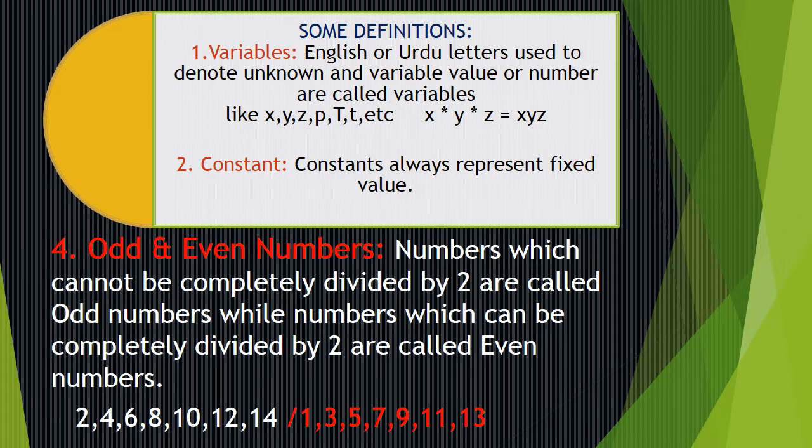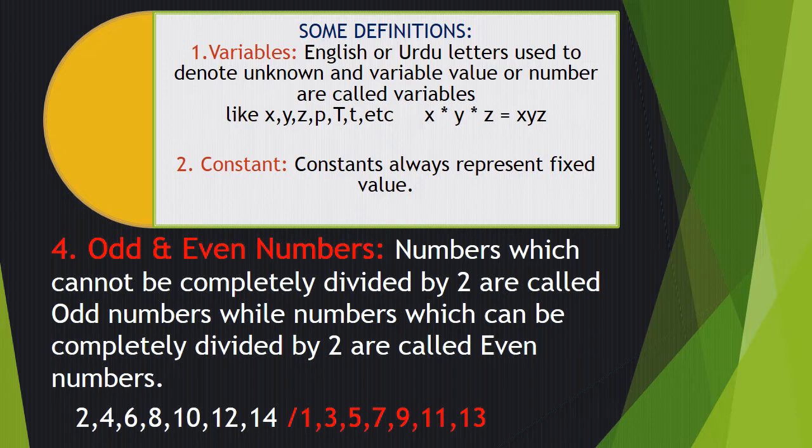Now I'm going to tell you about the odd and even numbers. Odd numbers are those numbers which cannot be completely divided by 2, while even numbers are those numbers which can be completely divided by 2.